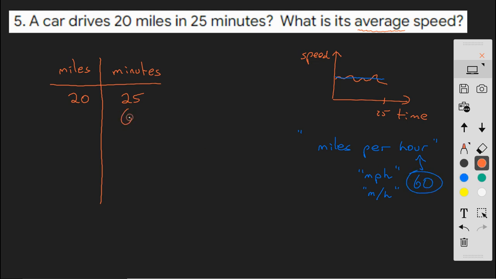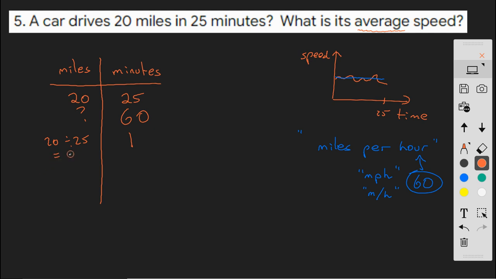So what I'm being asked is how far have we travelled in 60 minutes? Well, the first thing that we do with our ratio table is that we're going to find out how far we go in 1 minute. So if we've gone 20 miles in 25 minutes, what we've done in 1 minute is going to be 20 divided by 25.